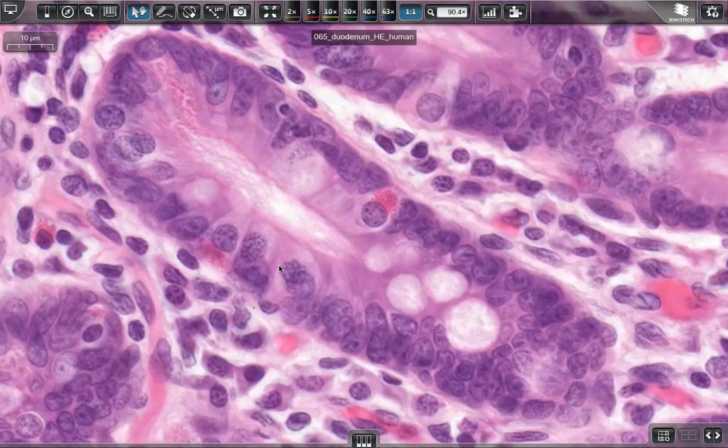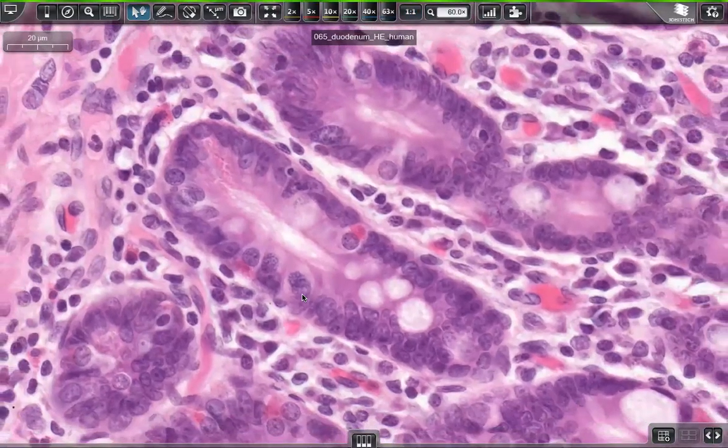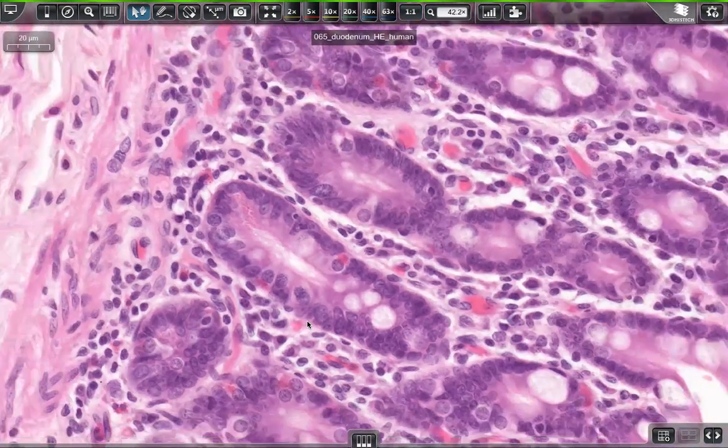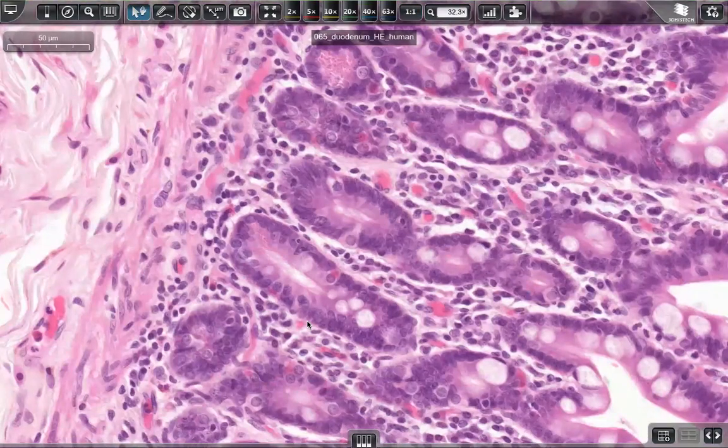So here we have a differentiating cell as well. And yeah, so enterocytes, goblet cells, Paneth cells, enteroendocrine cells, and undifferentiated cells are present in the crypts of Lieberkühn, in the small intestine.